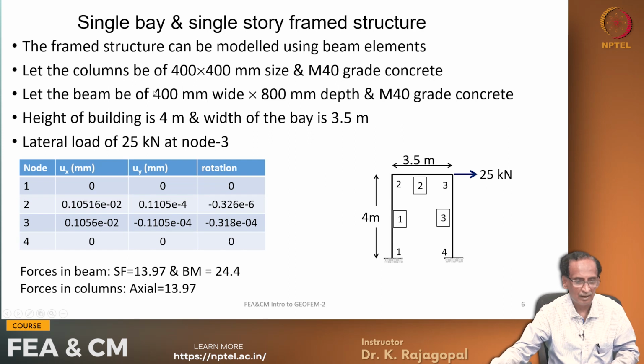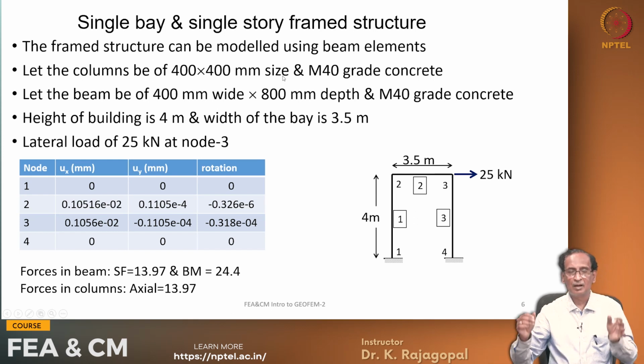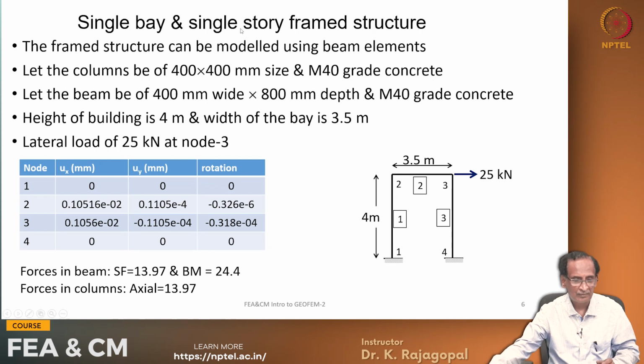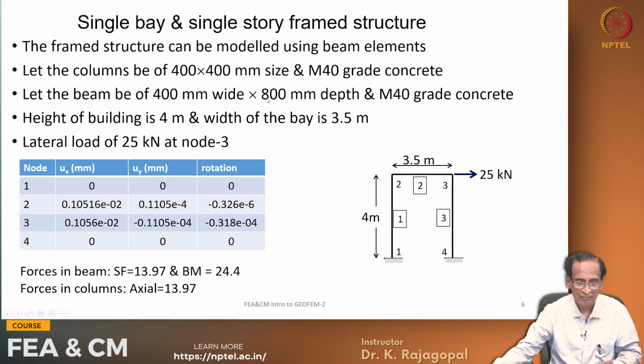Let us say that the columns are of dimensions 400 by 400 millimeters, and these columns are made of M40 grade concrete. The beam has a width of 400 mm and a depth of 800 mm, and it is also made of M40 grade concrete. The height of the building is 4 and the width is 3.5, and then there is a lateral load of 25 applied at this point.